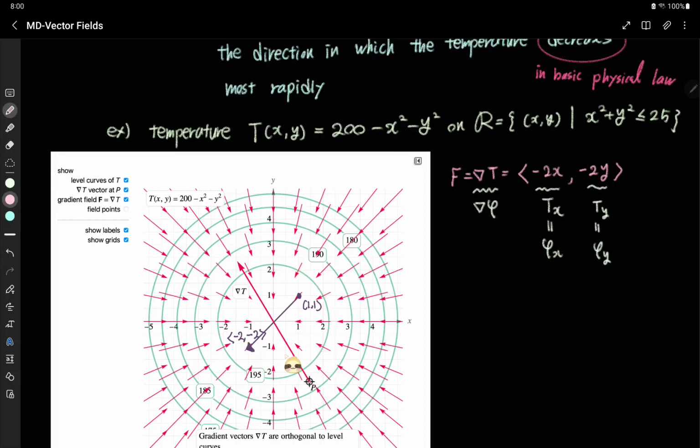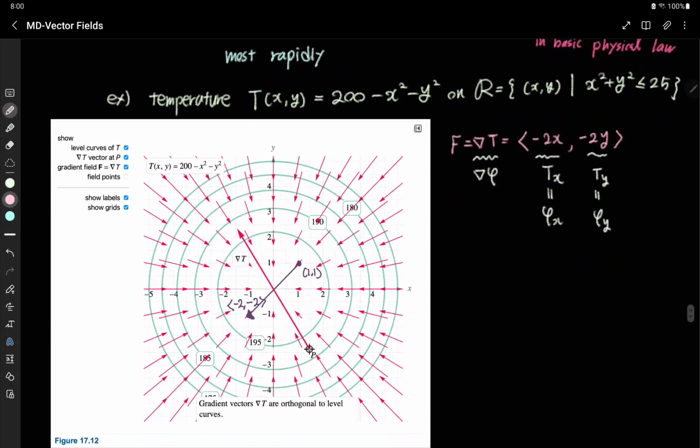This is the domain of the temperature with the level curves. You see a lot of circles. These represent the level curves, and when you find the gradient field by taking the gradient of the temperature, we get negative 2x and negative 2y. For each point, we can figure out the vector.